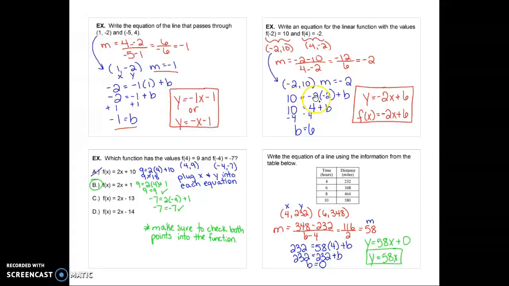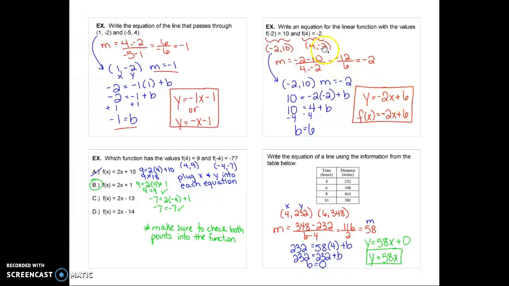So I'm going to plug that into my equation, y equals mx plus b, and your goal is to solve for the b value. Negative 2 times negative 2 is a positive 4. So you then need to subtract 4 from the other side to get that b equals 6. So your equation is y equals negative 2x plus 6.